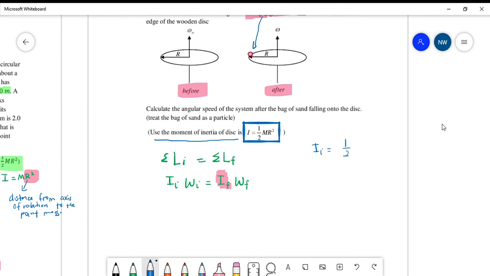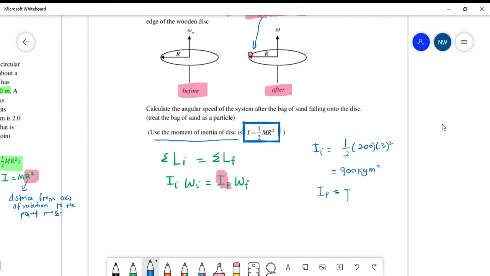So half mr squared, where the mass of the wooden disc is 200 times the radius of the wooden disc, which is 3 meter, squared. So we will get equals to 900 kg m squared.